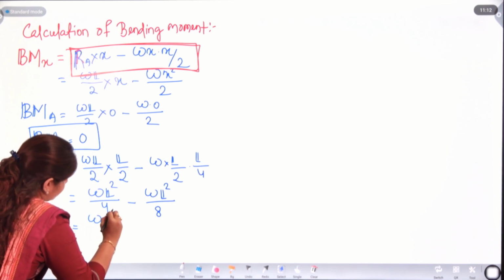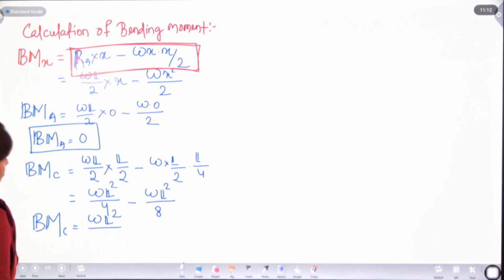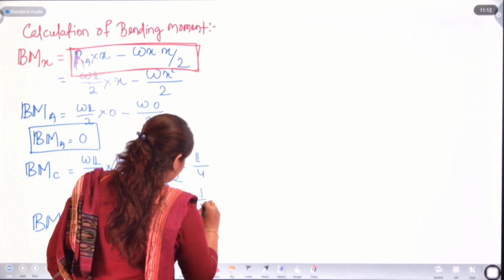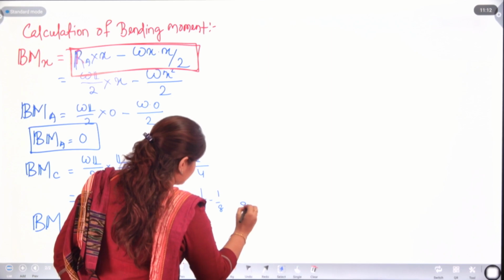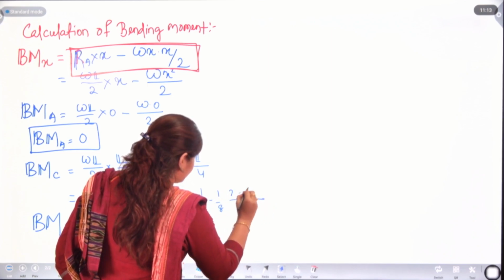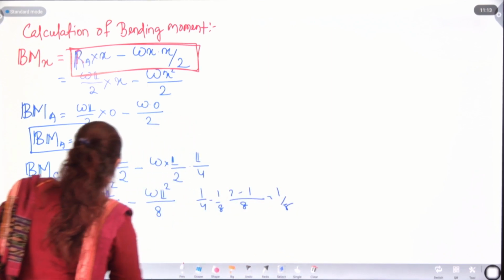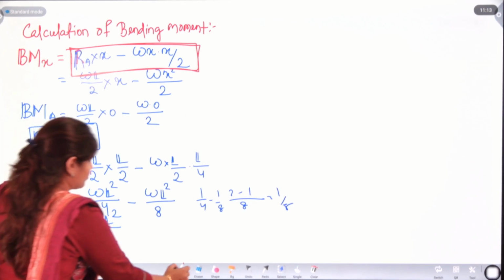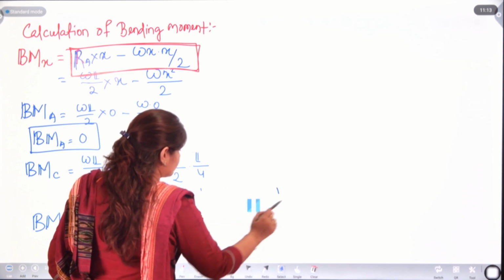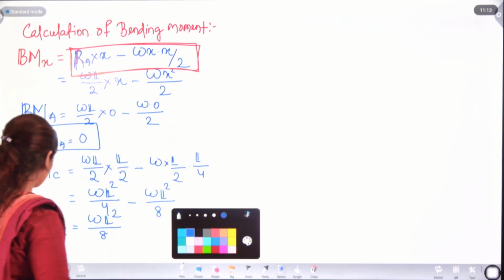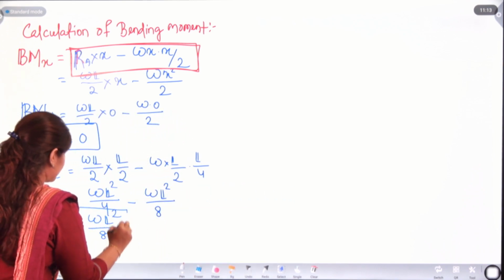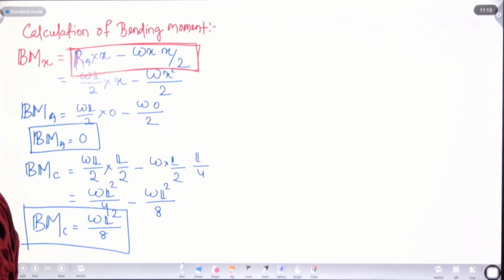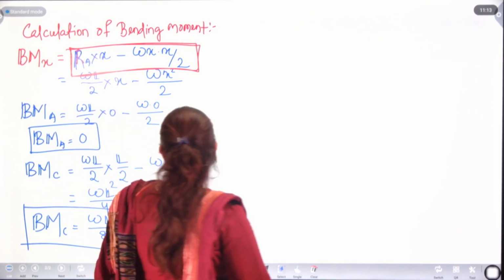WL square, 1 by 4 minus 1 by 8, 1 by 8, that is WL square by 8. Okay. So bending moment at C, we have found out that is WL square by 8.